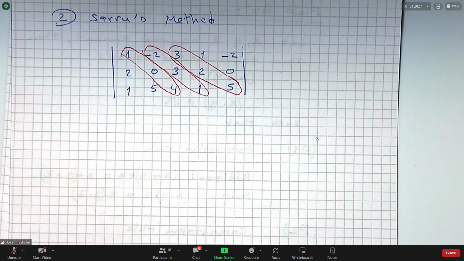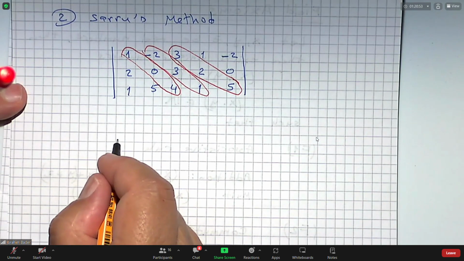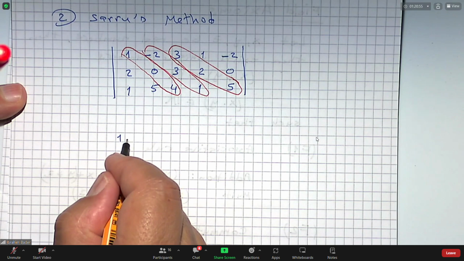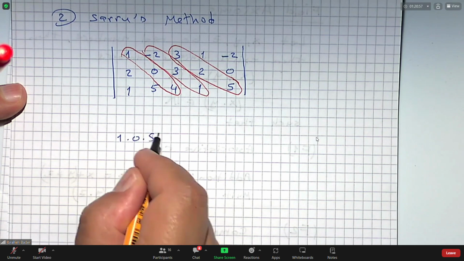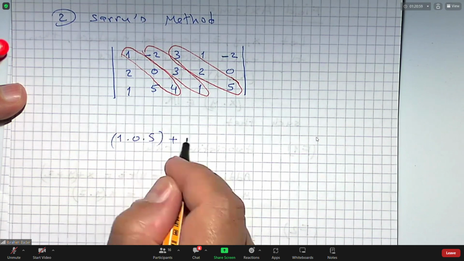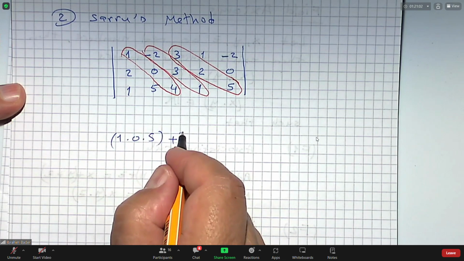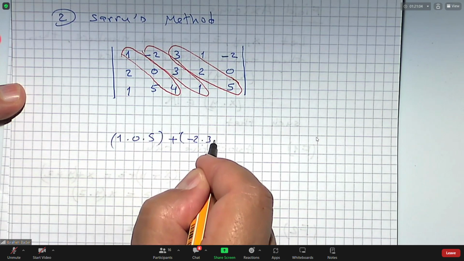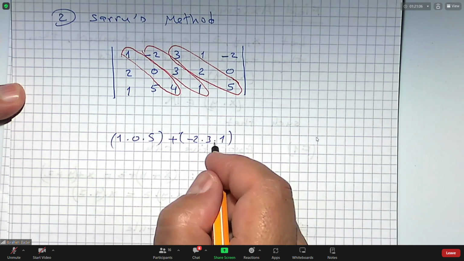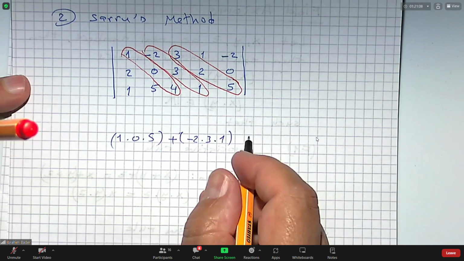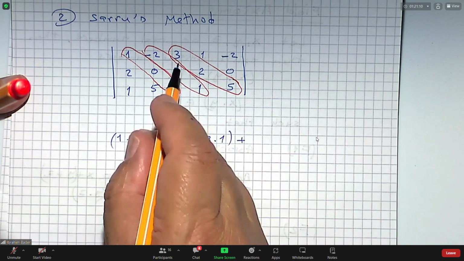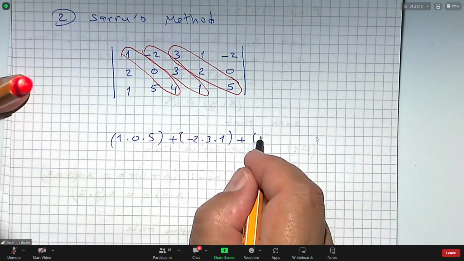So let's evaluate that. So 1 times 0 times 5 plus -2 times 3 times 1. This dot is not a decimal, it's multiplication. Plus 3 times 2 times 5.